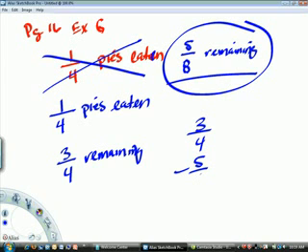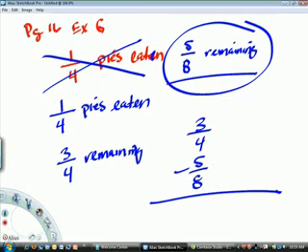Wait. 5/8 of the pies were remaining by the time, so subtract it, because that's how much were left when he went to leave out of the 3/4. You're going to have to find a common denominator. Okay, because you have to have 8s on the bottom.